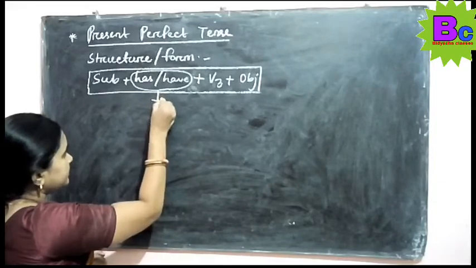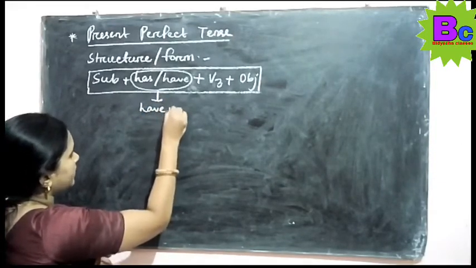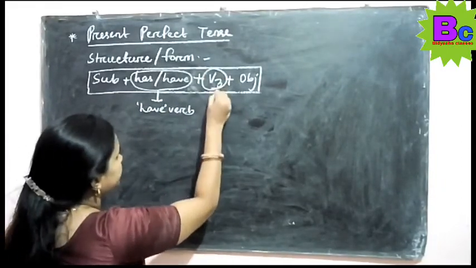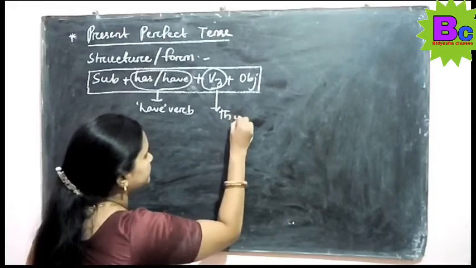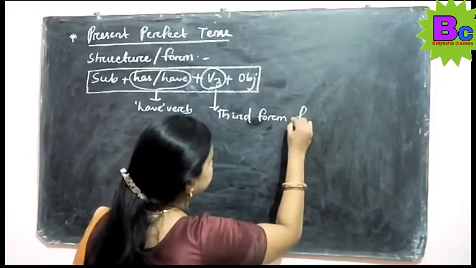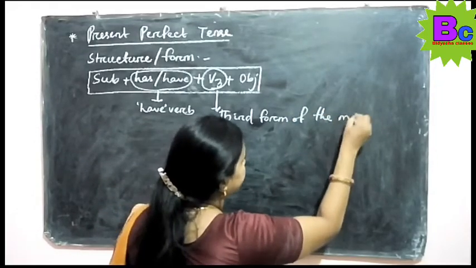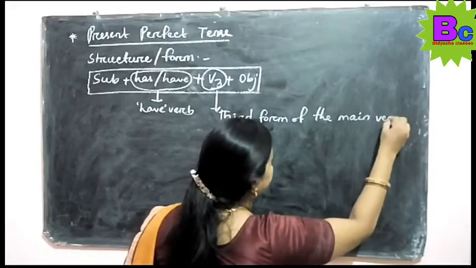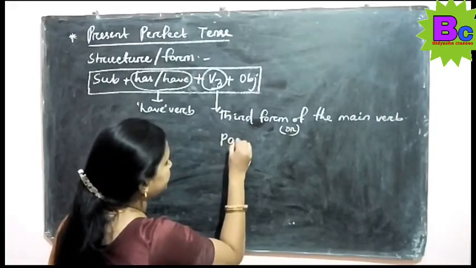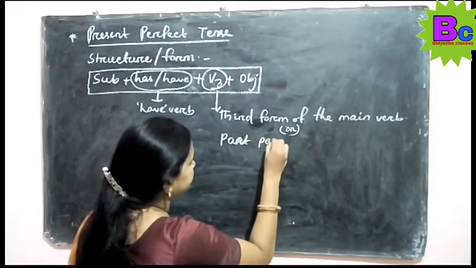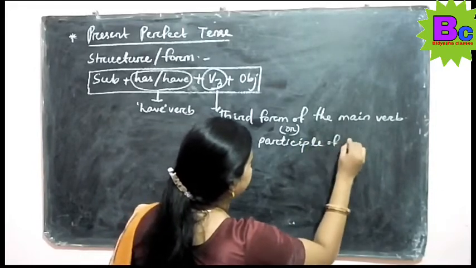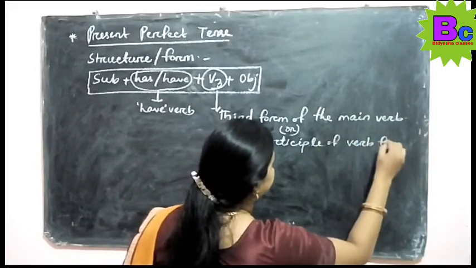So these are your have verbs, and here V3 means the third form of the main verb, or you can say the past participle of the verb, the past participle form.